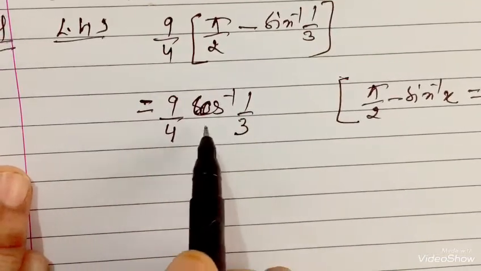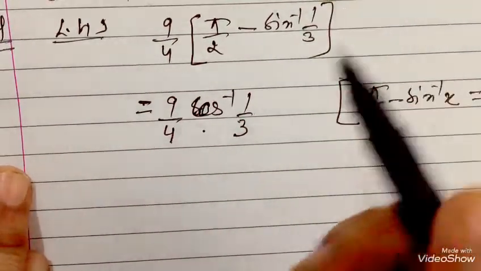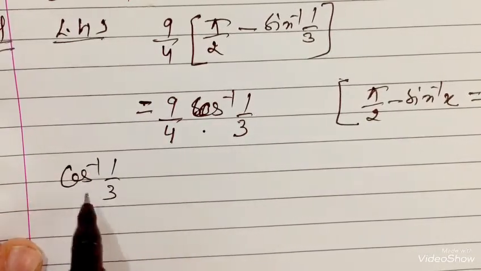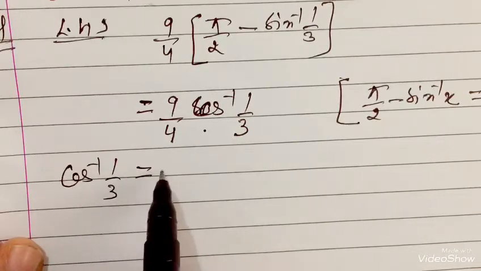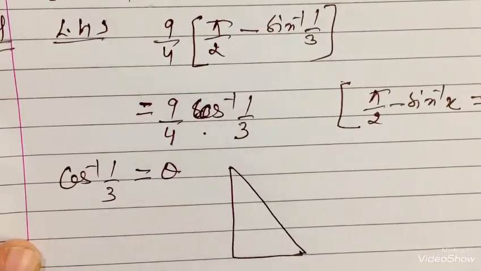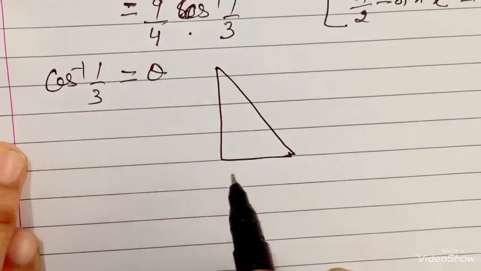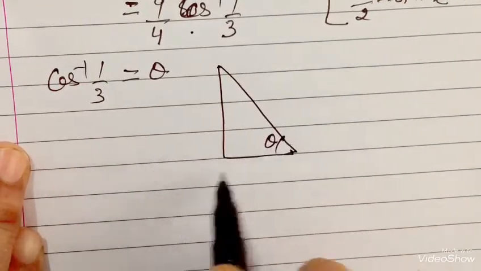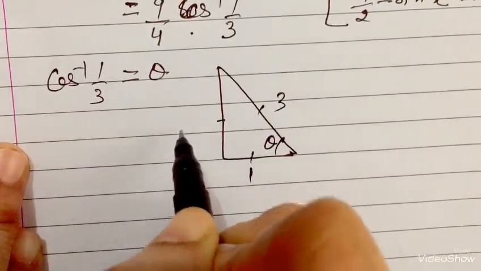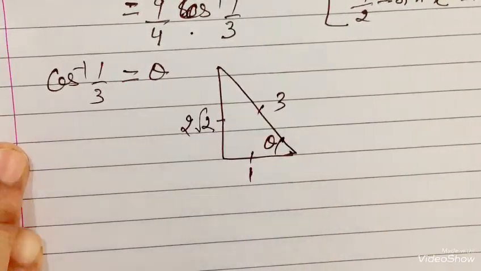And now convert the cos inverse into a sin inverse. Again we can apply the triangle method. So cos inverse 1 by 3, take theta, and here 1 and it's 3, so the other side is 2 root 2.